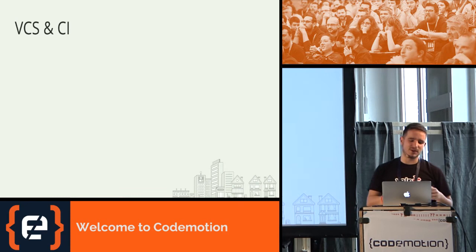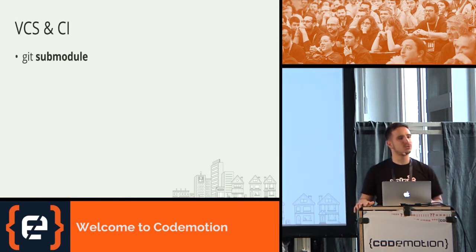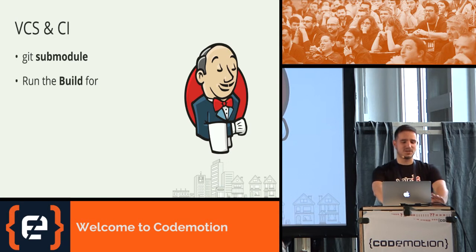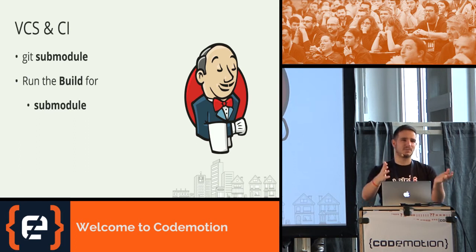Talking about the code, we organized our library as a Git submodule, and we require running several CI jobs. First of all, we use Jenkins for this: a CI job for the module, so your code must compile. If it doesn't compile, you can't commit. This is obvious.